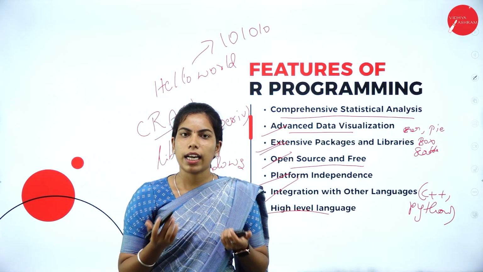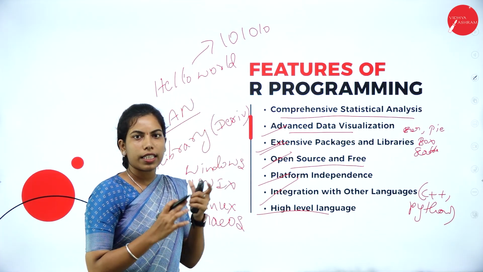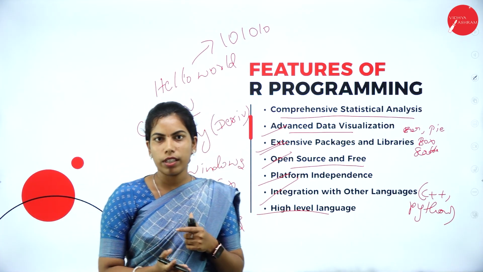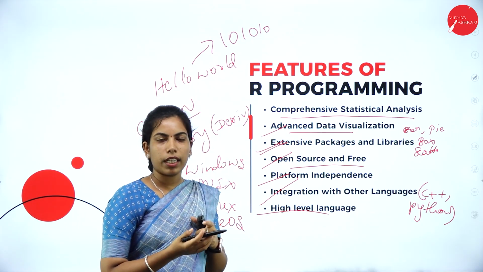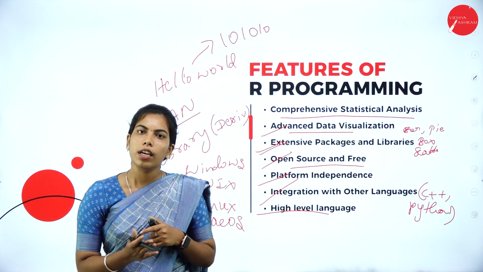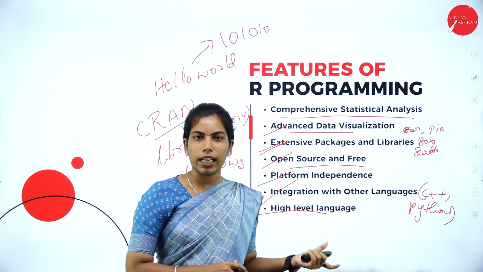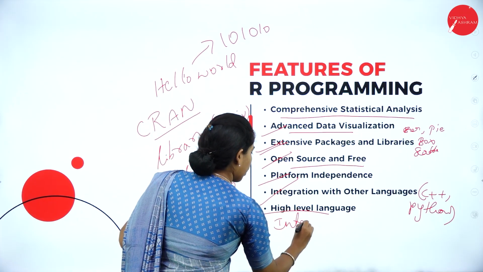As a human being, I can't understand source code written as binary. But we can understand hello world, a normal English word. That is understood by the R programming language, which interprets it for the computer. So R is a high level language, and also an interpreter language.